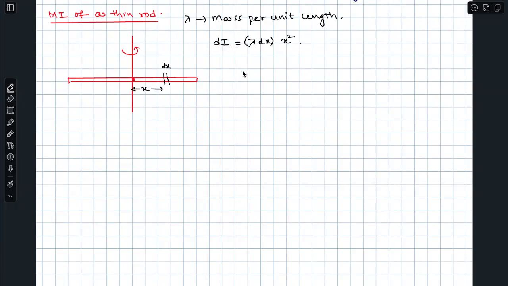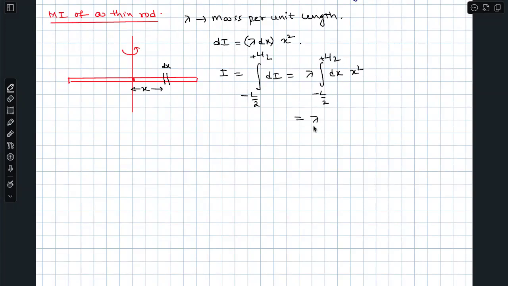Agreed or not? What is the total moment of inertia? You will have such elements from minus L by 2 to plus L by 2. So this in turn is lambda integral of x square dx from minus L by 2 to plus L by 2.